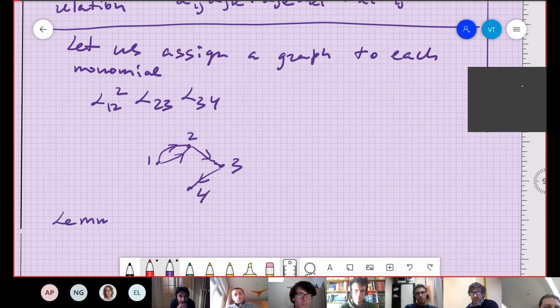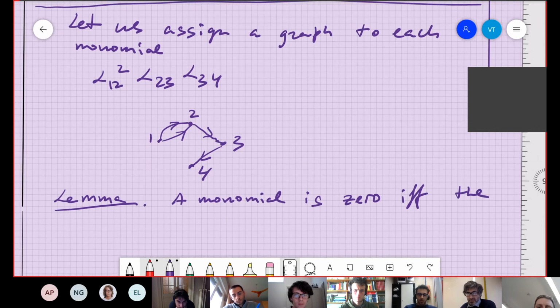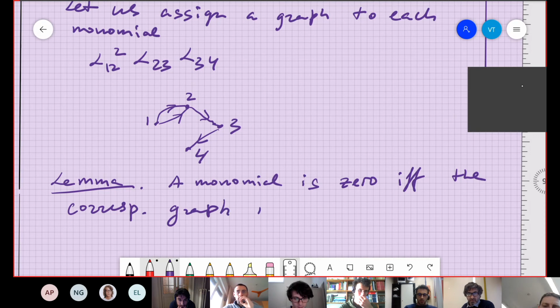And a little lemma says that a monomial is 0 if and only if the corresponding graph is not a forest.